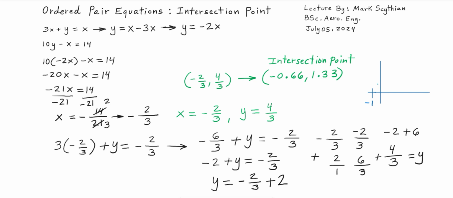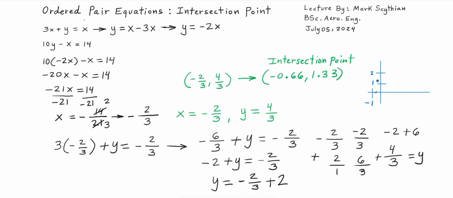And then we will write for the y-axis +1, +2. So -0.66 for x and +1.33 for y. So that would be our intersection point.